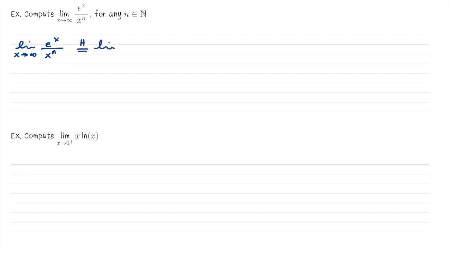We would then have the limit as x goes to infinity of e to the x divided by n x to the n minus 1, and assuming n were a large enough number, we would continue to have an indeterminate form.